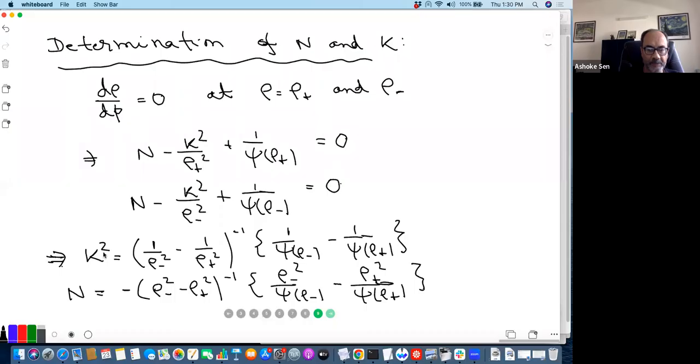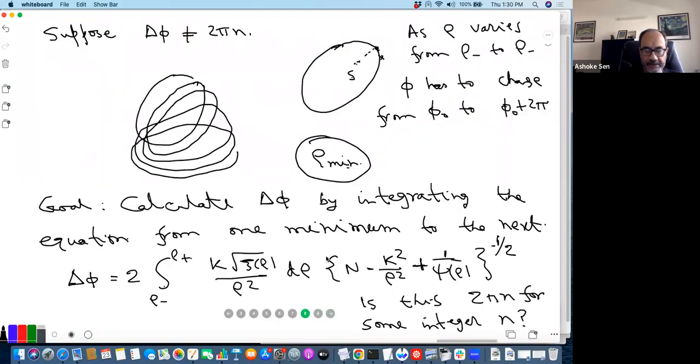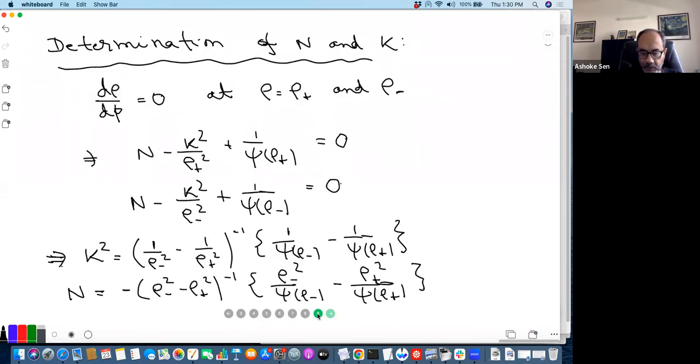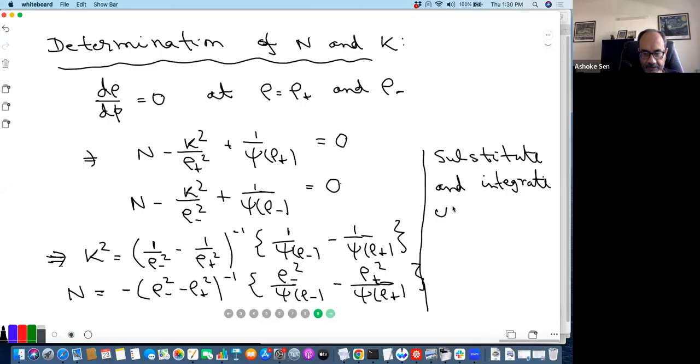So what we'll do next time is substitute these values of n and k square in the differential equation in this integral, and integrate, using the approximation that 2GM over rho minus is much smaller than 1.